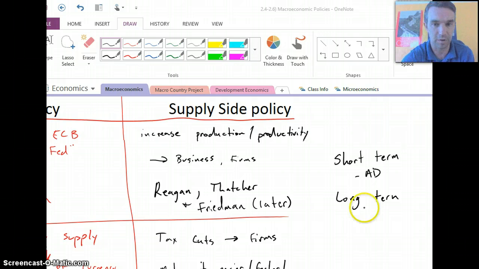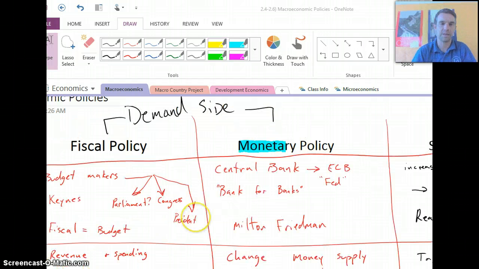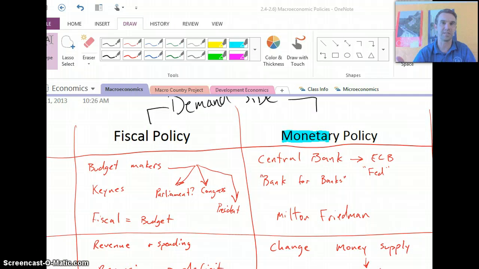Because the long-term effect is that we're going to see the productive capacity or the aggregate supply of that country really increase. So the key to remember when you look at these is what's the goal? If the goal is to improve aggregate supply, it's a supply-side policy. And again, with some of the other things that we may have talked about with fiscal and monetary policy, remember the goal was just to get demand going.